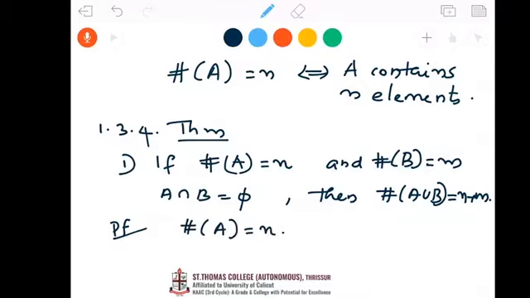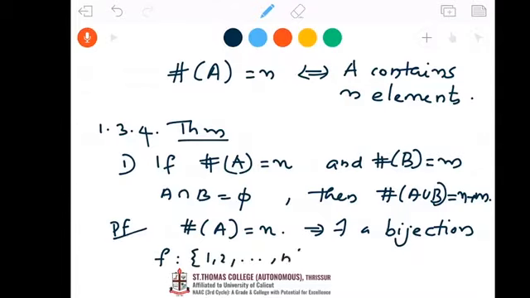When will you say that a set contains n elements? When there is a bijection from 1, 2, 3, etc. up to n to A. So this means there exists a bijection, I will call it f, from 1 to n to A. Now what all things are given?